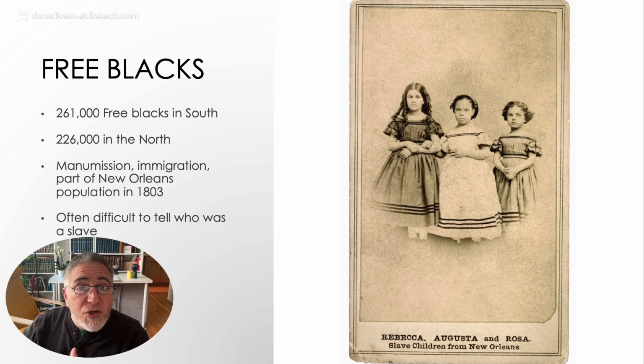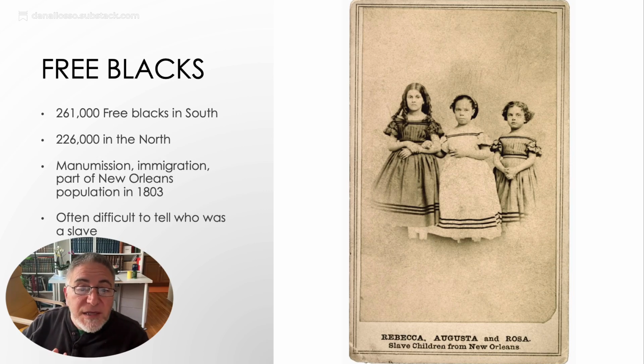And then the transition in the Upper South from tobacco to wheat, which didn't require large numbers of slaves to produce, also spurred some manumissions from people who didn't take Thomas Jefferson's advice to profit on the increase. And then there was another group of free blacks in the South who had been free residents of Louisiana before the 1803 Louisiana Purchase, and even a few more free black people who had come from Cuba or from Haiti.